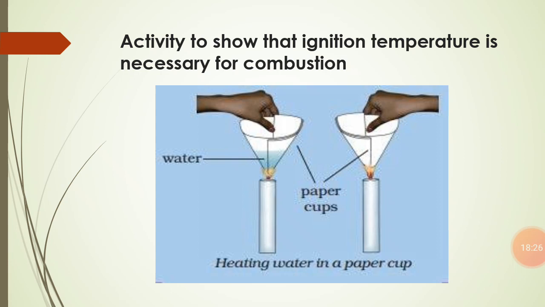So the water absorbs the heat and starts boiling, and when you further supply heat to the cup, finally it reaches the ignition temperature and catches fire. So this activity shows that the ignition temperature is necessary for combustion to take place.